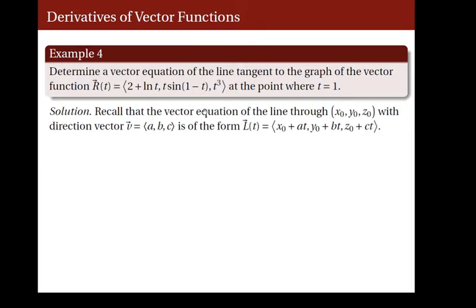First, let us recall that the vector equation of the line passing through the point x0, y0, z0 with direction vector v given by a, b, c is of the form L of t, whose coordinates are x0 plus at, y0 plus bt, and z0 plus ct.